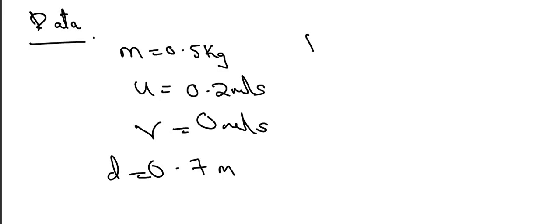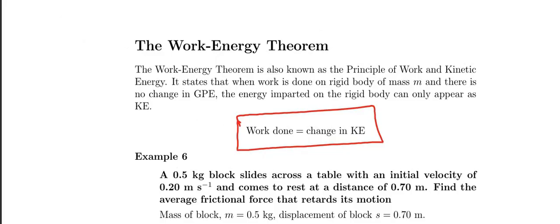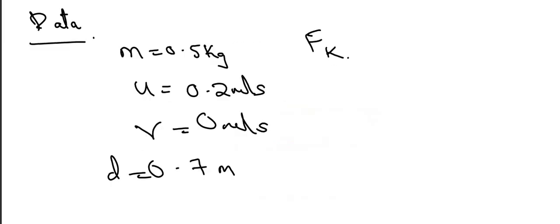Then they're asking for the frictional force. They're saying find the average frictional force that retards its motion. What force is making it come to a stop? That's what we're interested in. The only force that can cause something to completely come to a stop is simply frictional force.